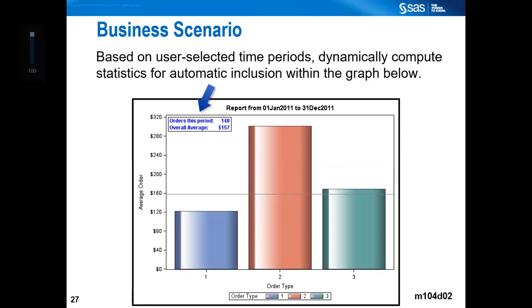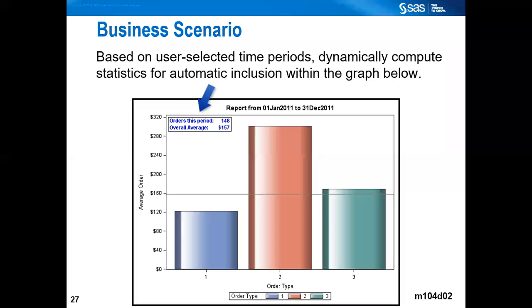So it's telling, look at this report carefully. It's a report from your PROC GPLOT, where you're getting bar charts and a legend, or side explanation for your graph, which is telling orders. This period is for the order period. There are 148 orders, and the overall average is $157.